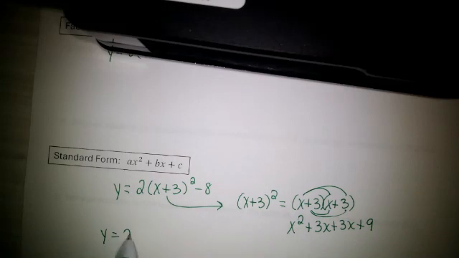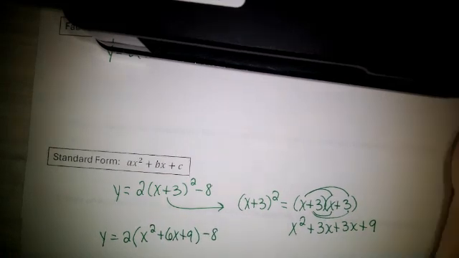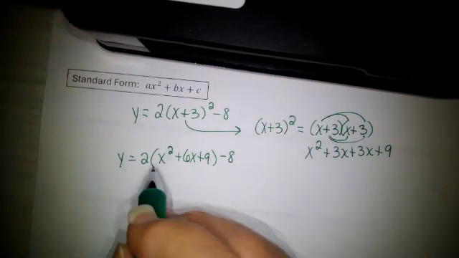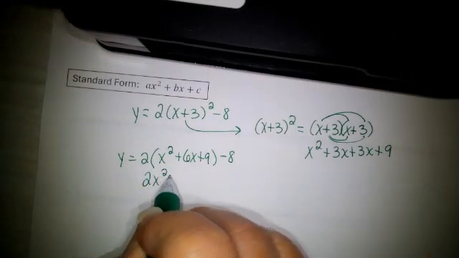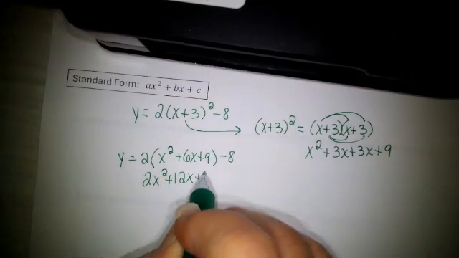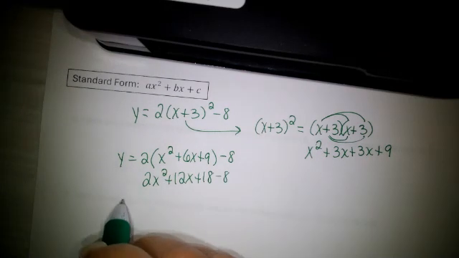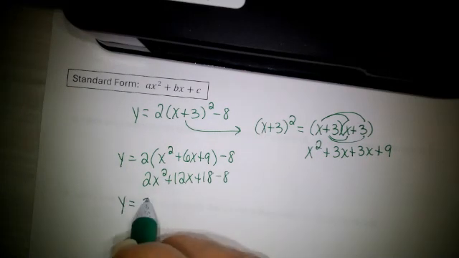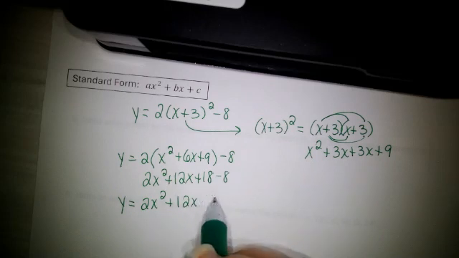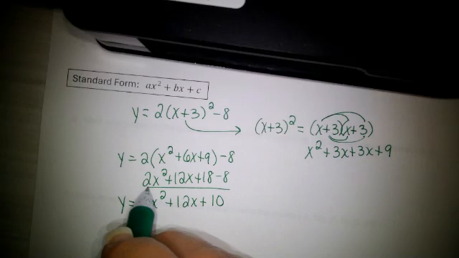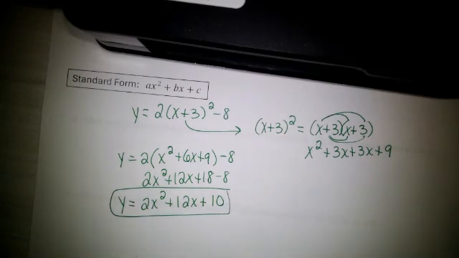So y equals 2 times (x squared plus 6x plus 9) minus 8. So we'll distribute the 2 and get 2x squared plus 12x plus 18 minus 8. And our final answer is 2x squared plus 12x plus 10. That is the standard form equation.